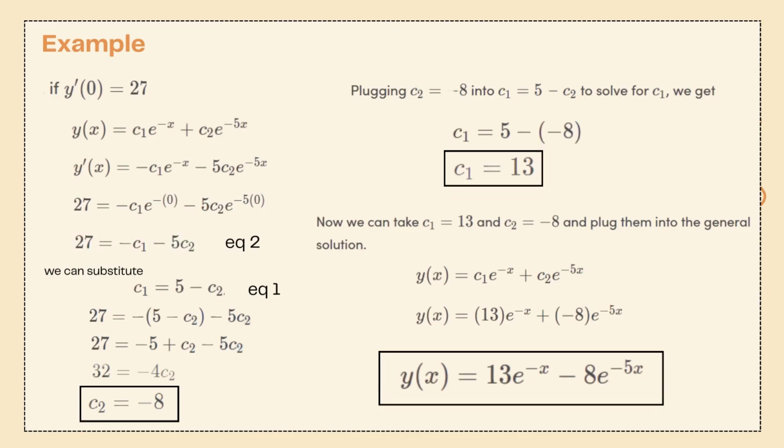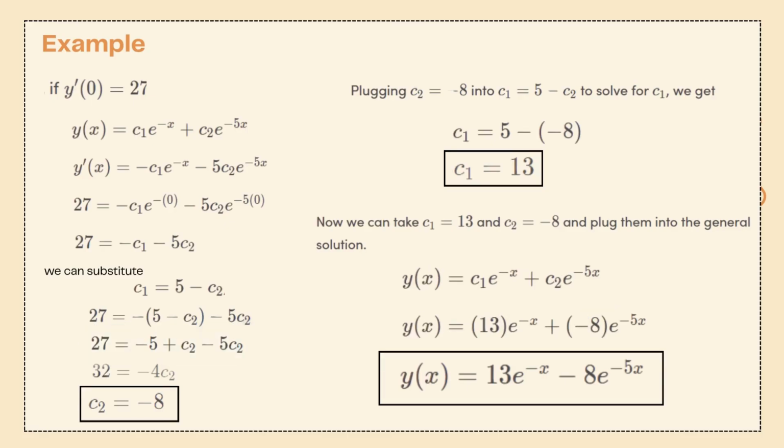We can substitute c sub 1 is equal to 5 minus c sub 2. 27 is equal to negative 5 minus c sub 2 minus 5 c sub 2. 27 is equal to negative 5 plus c sub 2 minus 5 c sub 2. 32 is equal to negative 4 c sub 2.